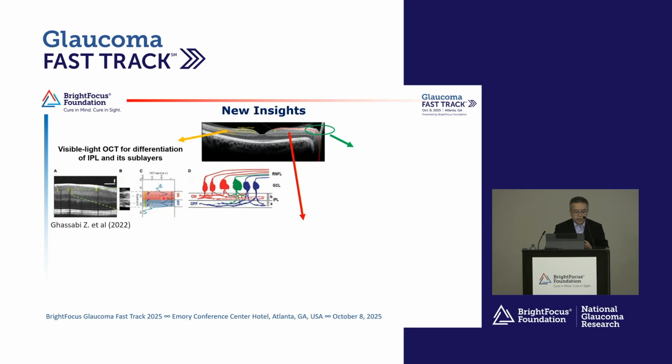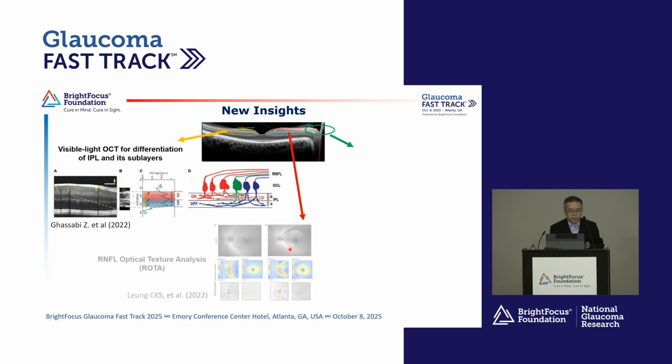Especially here, you can differentiate between the GC and the IPL, and not just that, within the IPL, there's also the possibility to further look into the sublayers that may be sensitive to the ON and OFF RGCs.